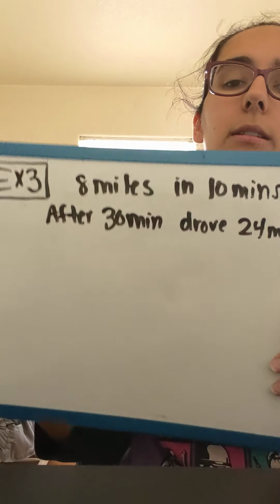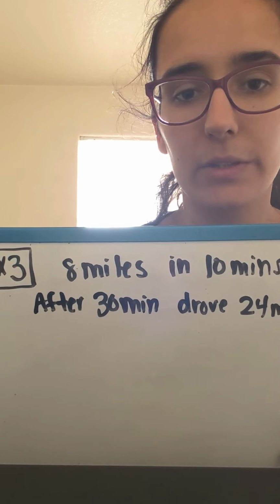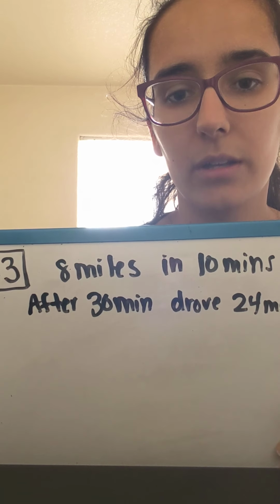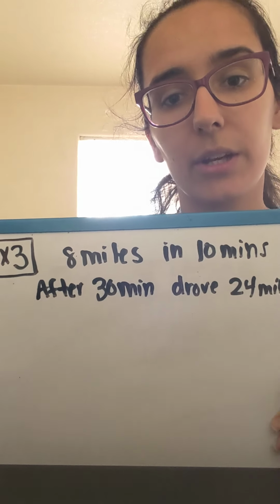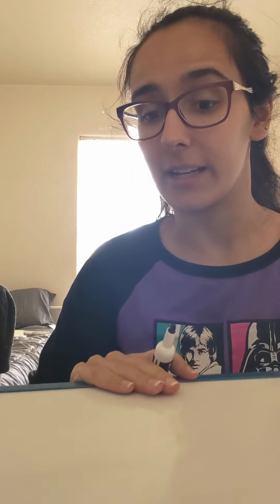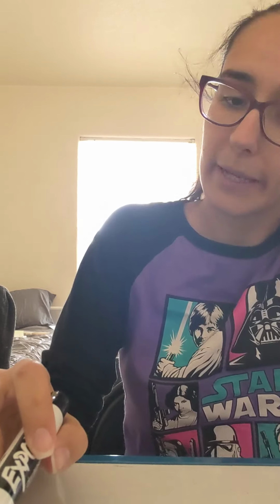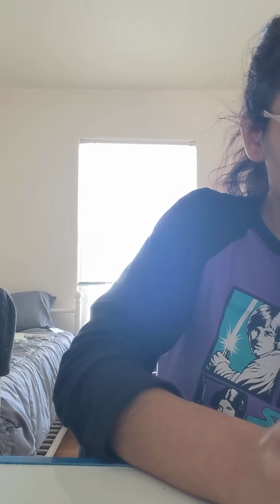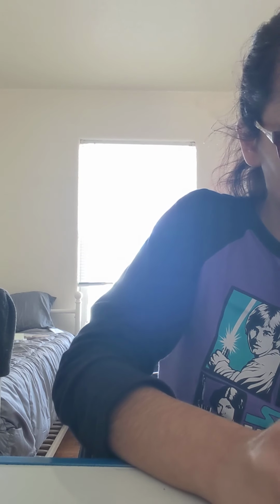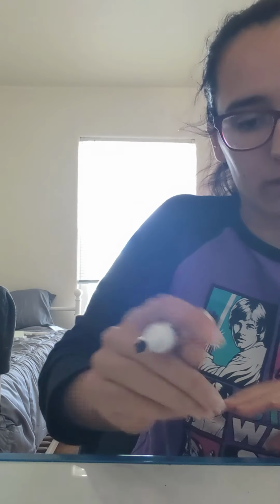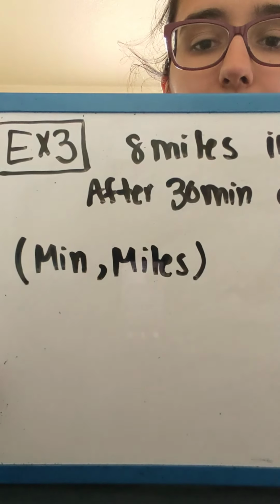So, here we go. Miles will go in the numerator. Minutes will go in the denominator. We have 2 ordered pairs here, but you have to find them. The 8 miles in 10 minutes, that's our very first ordered pair. So we have to do our ordered pairs like this: minutes, comma, miles.